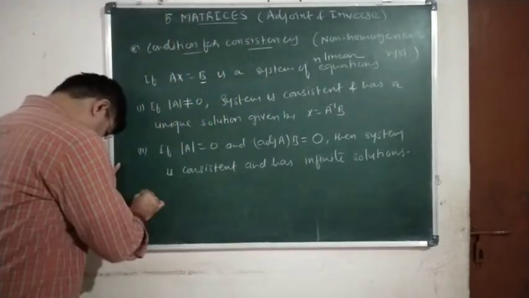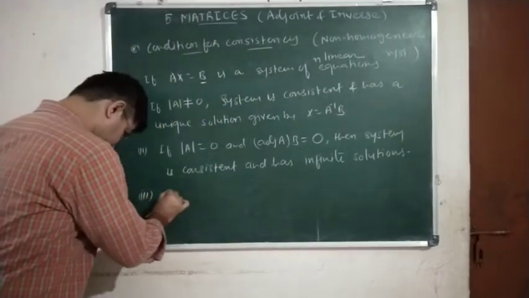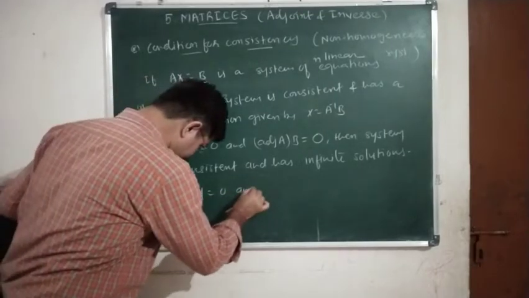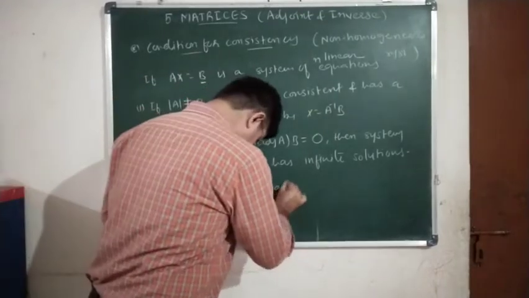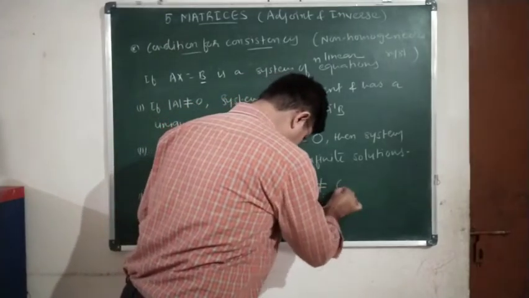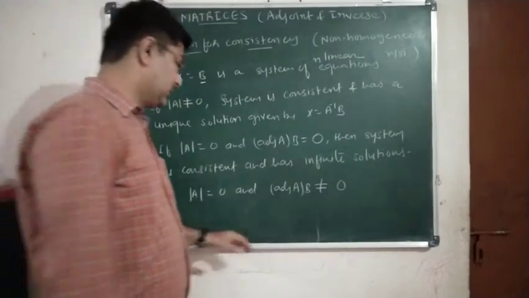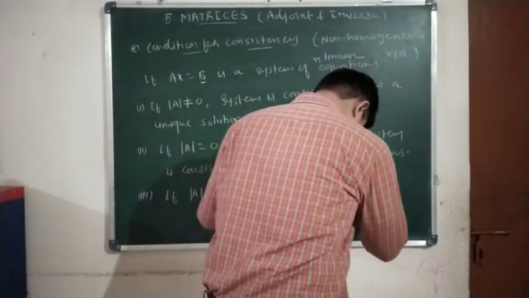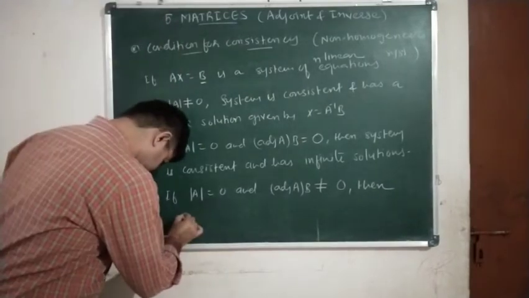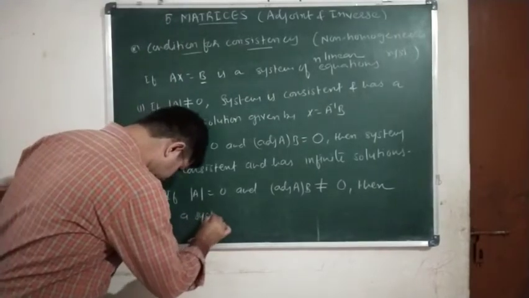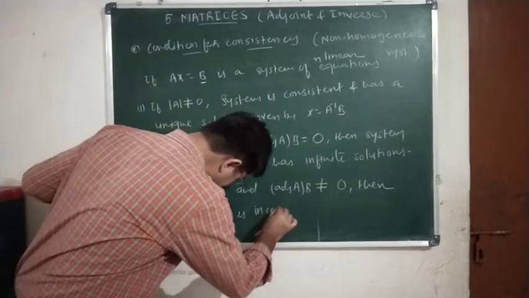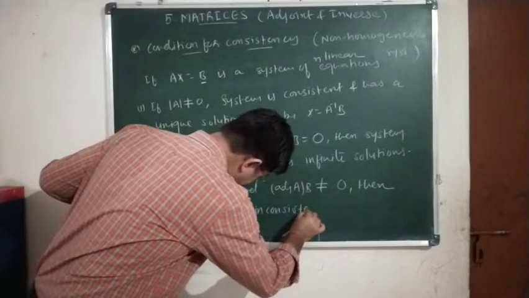And condition number 3, if determinant of A is equal to 0 and adjoint of A into B is not equal to a null matrix, then the system is inconsistent.